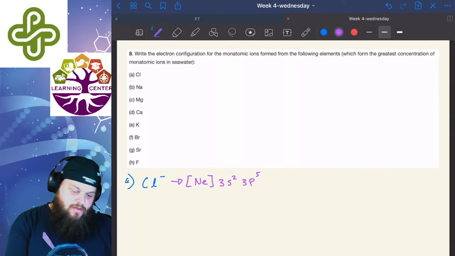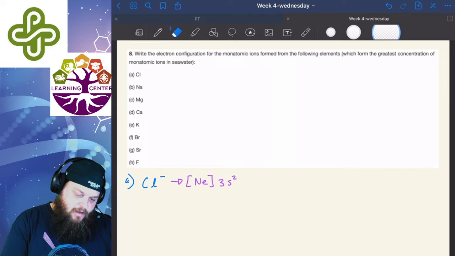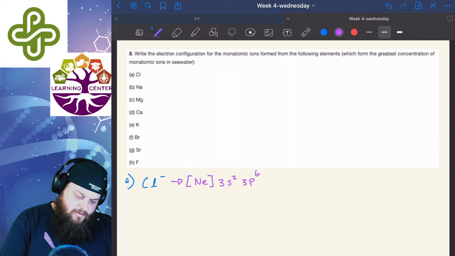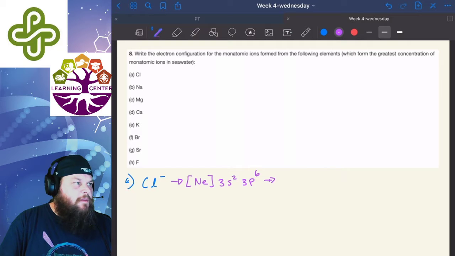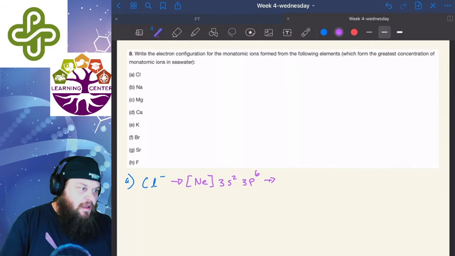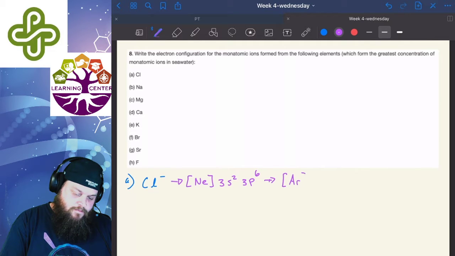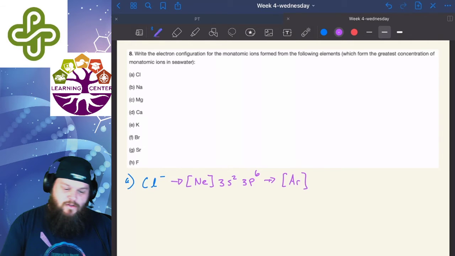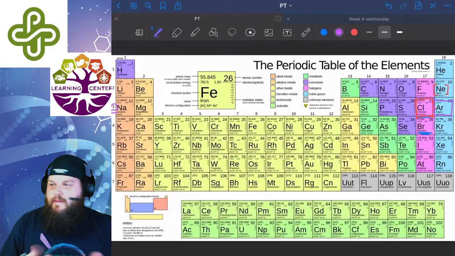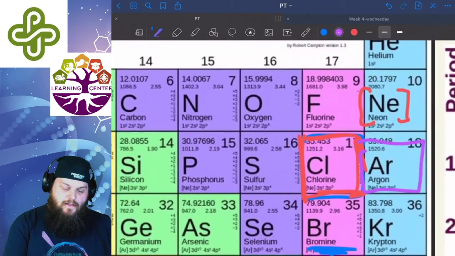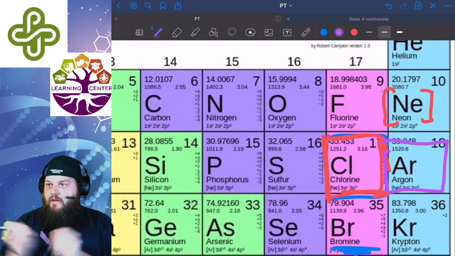That one extra electron is going to turn that 5 into a 6. And then it will actually have the same basic electron configuration as argon. So jumping back to my periodic table, you see argon is actually one up from that. It's going to have the same electron configuration as argon because it's added one more electron to it.